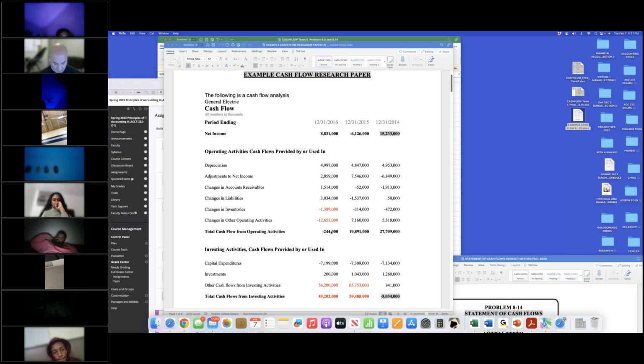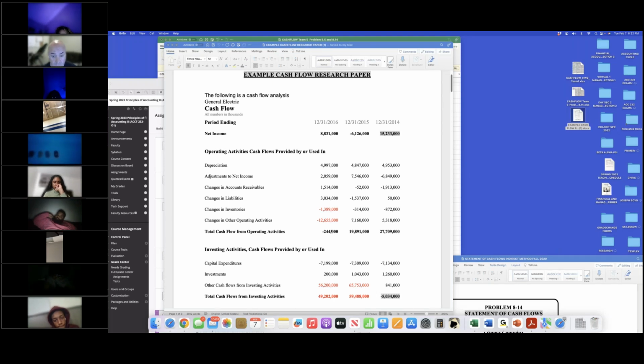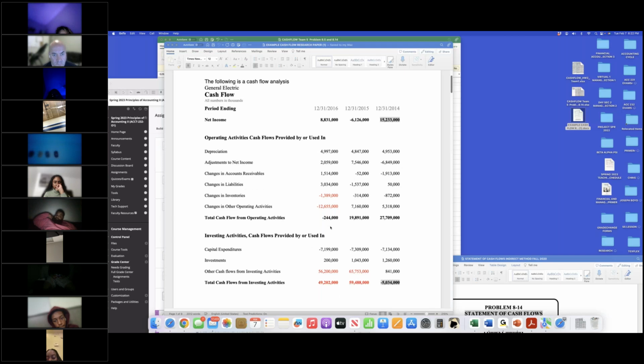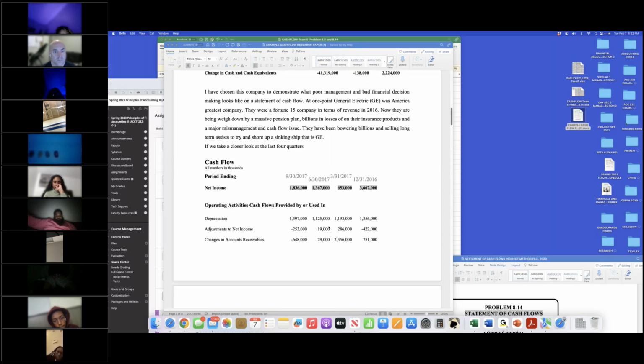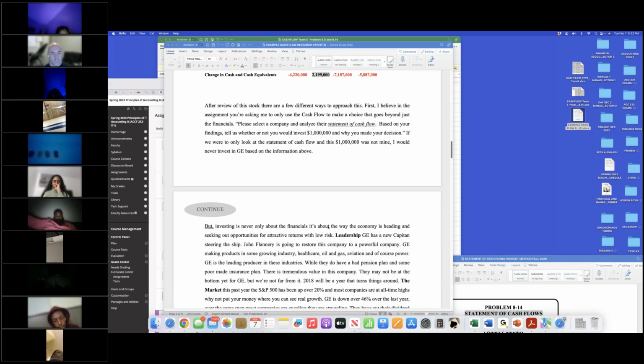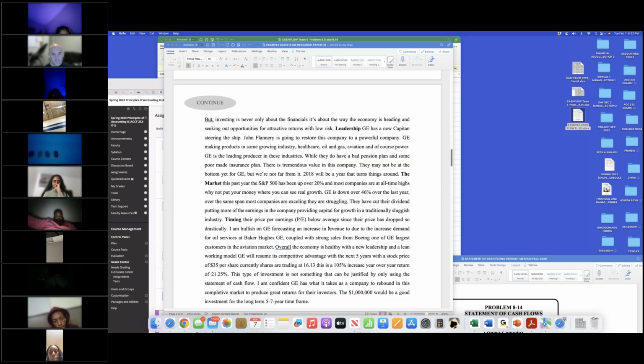He knew right away that with this kind of a trend, and if it kept going that way and this number was negative, he didn't want to work for them. So that was his paper. He had planned to work for GE all his life, so it kind of hurt him a whole lot.